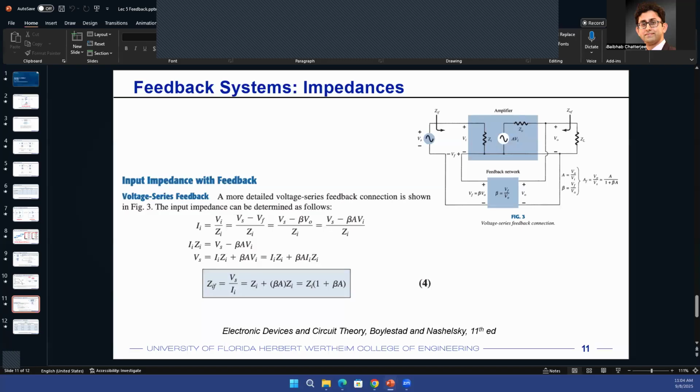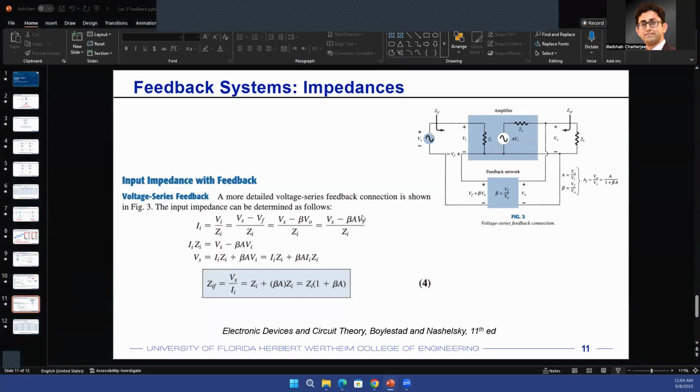Okay, I may have to reshare the screen on Zoom. Let me do that once again. All right, now you should be able to see on Zoom as well.